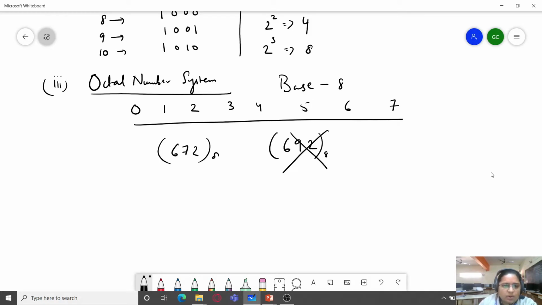So in octal numbers also, if we have to convert any number into its decimal equivalent, we will follow the same method. For example, I have a number 312.123. This is an octal number.